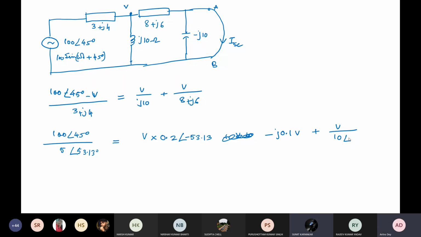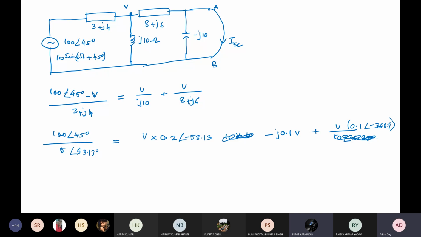Polar 8 comma 6, so 36.87. Instead of writing like this, you can straight away write V into 0.1 angle minus 36.87.